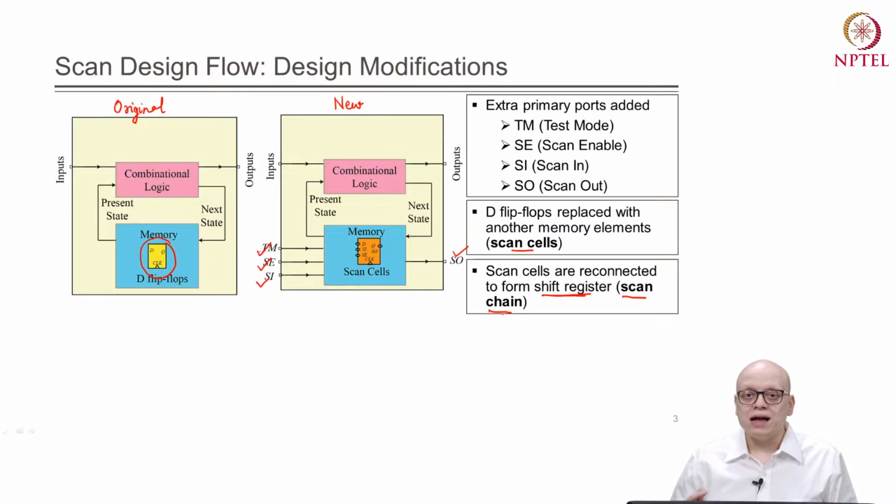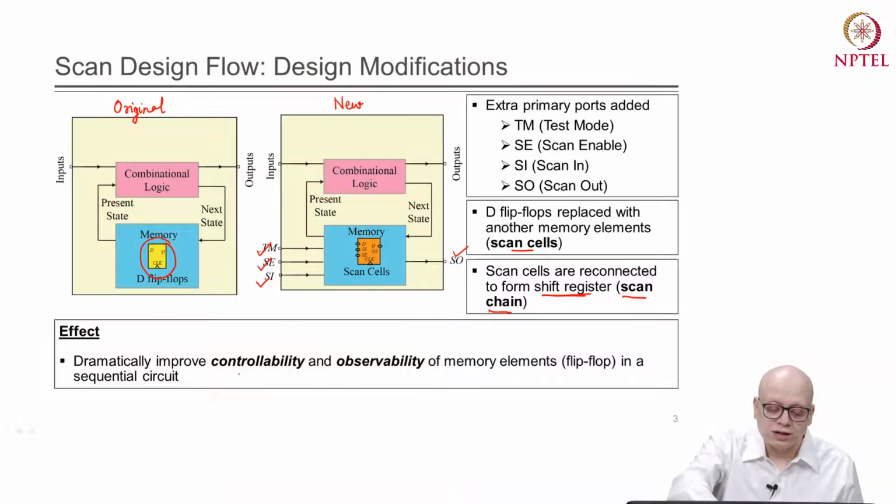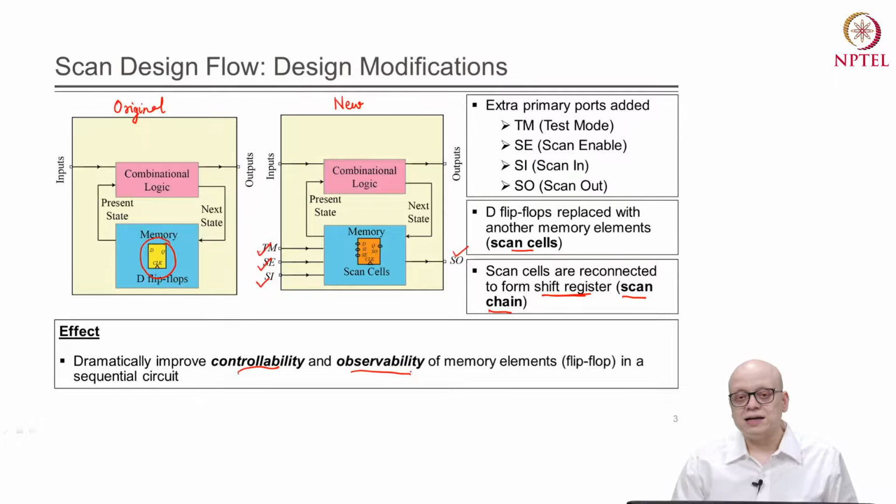Now, what do we gain out of these modifications? Why do we do these modifications? These changes dramatically improve the controllability and observability of memory elements, that is flip flops, in a sequential circuit. In the last lecture we had seen that to apply test patterns at the internal components of our design and observe the effect of the fault from the internal elements to the output port, we need to make our circuit controllable and observable.